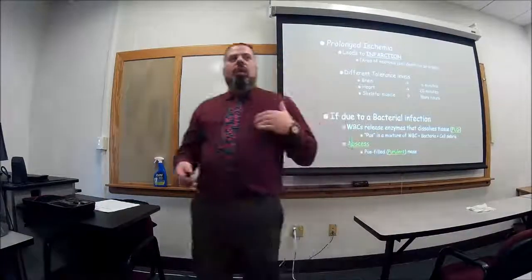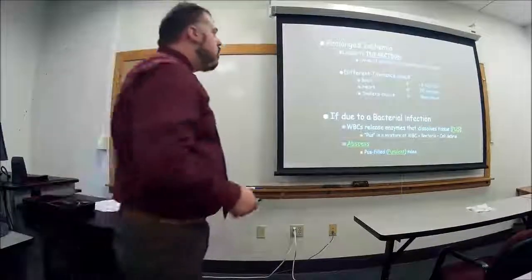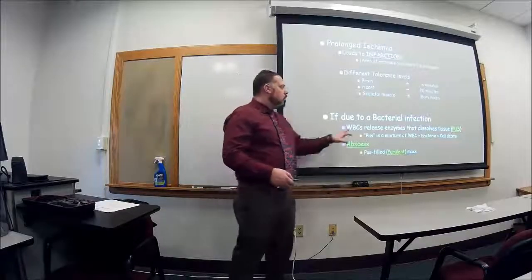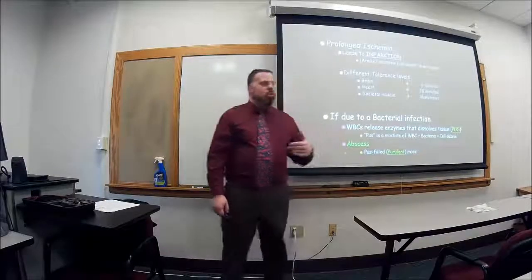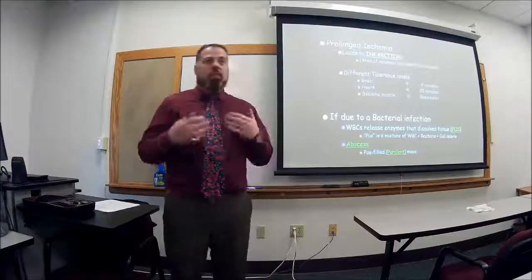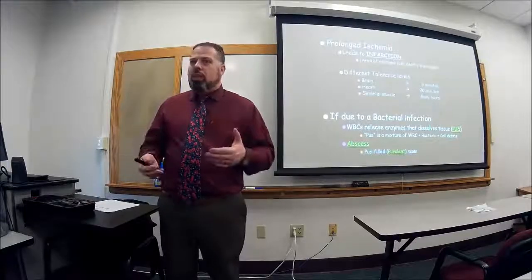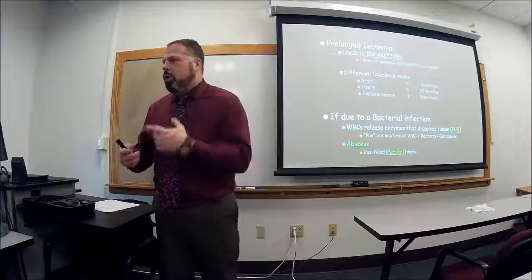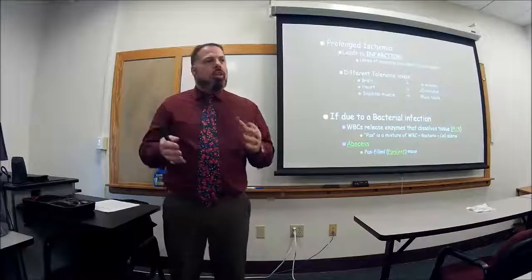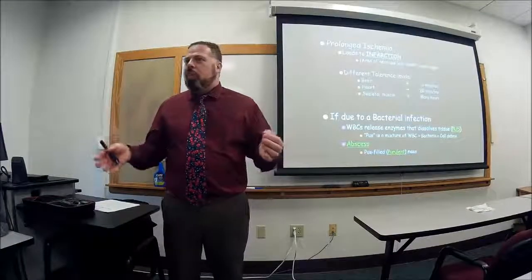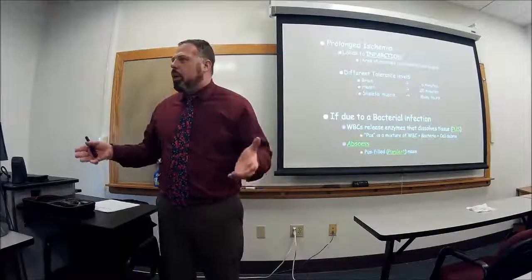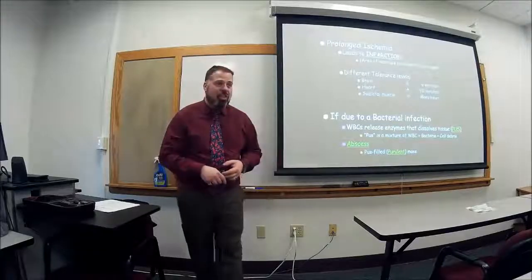So if the cell injury is due to some sort of bacterial infection, then what's going to happen is the white blood cells are going to release enzymes that dissolve the tissues. And when this happens, the white blood cells are going to destroy that bacteria or whatever's happening there, and a mixture of bacteria, white blood cells, and all this debris of all the tissues, of all the garbage that's happening around there, we call that pus.